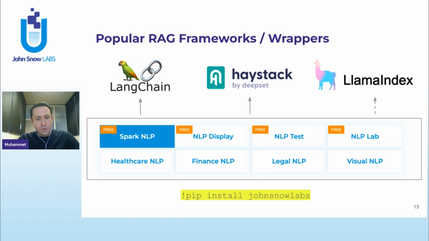So you can use the same notebook or same environment instead of jumping between environments. You can use the same environment that you are using the Spark NLP libraries in with LangChain and Haystack. When you just install the johnsnowlabs library, you will be able to use all the capabilities of LangChain and also the Haystack libraries.